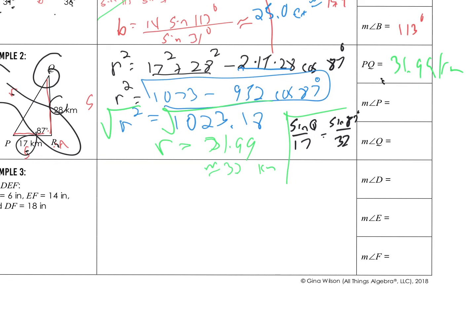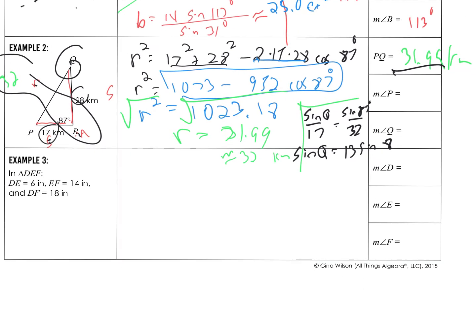But that way, all I got to do is multiply both sides by 17, and sine of Q would be 17 times sine of 87 degrees divided by 32.